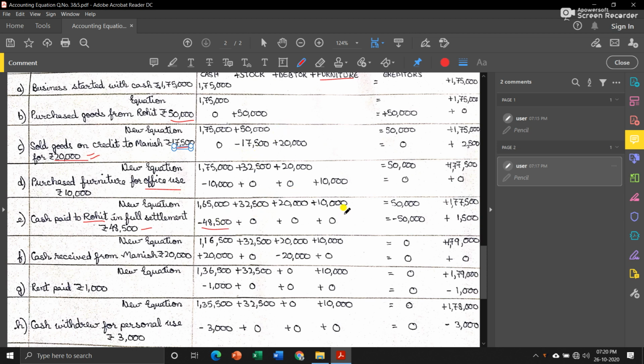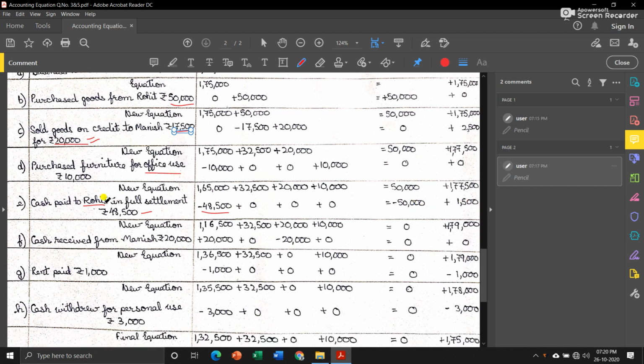debtor or furniture. But creditor, Rohit was our creditor, so we were supposed to pay him 50,000, but since we settled his account, we will write 50,000 because we are settling his account, so we wrote minus 50,000. But the difference amount of rupees 1,500 that we received as discount, it will be treated as profit, and that 1,500 will be added to the capital.